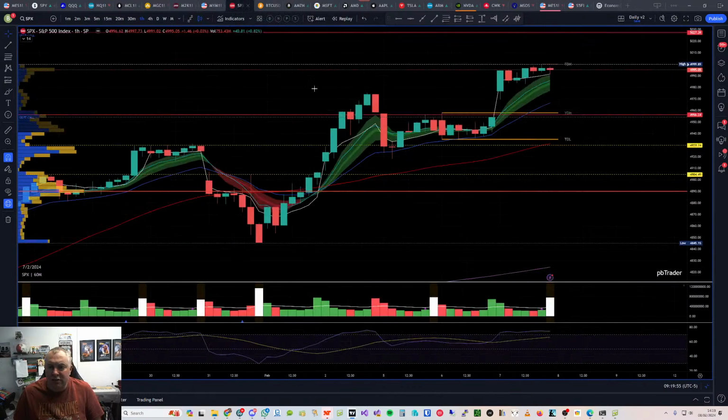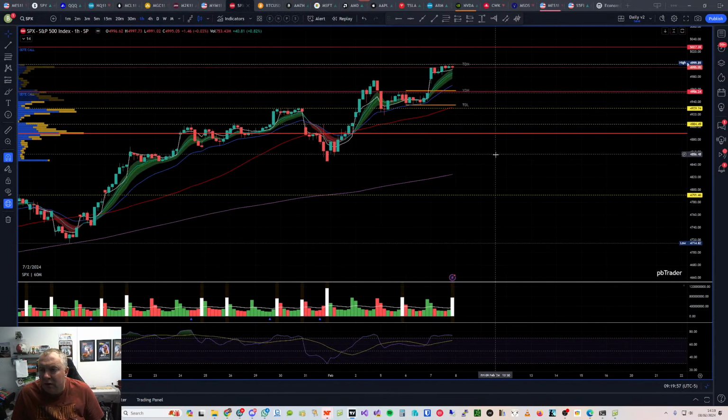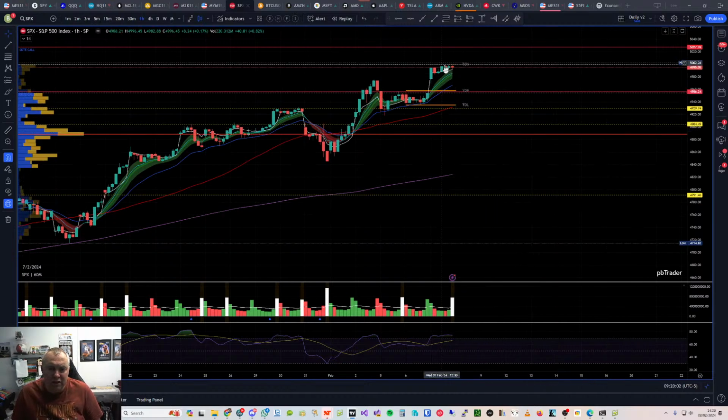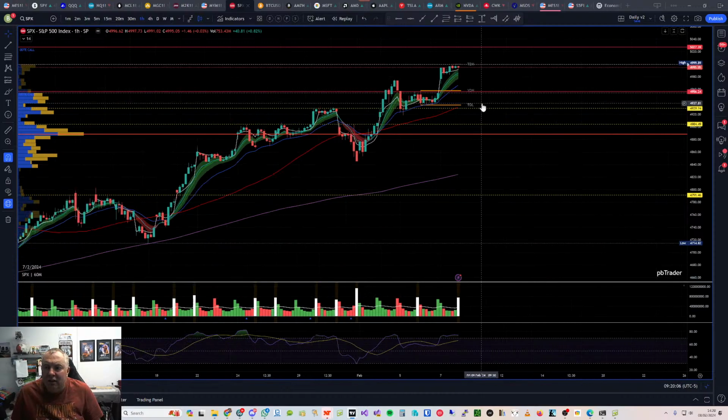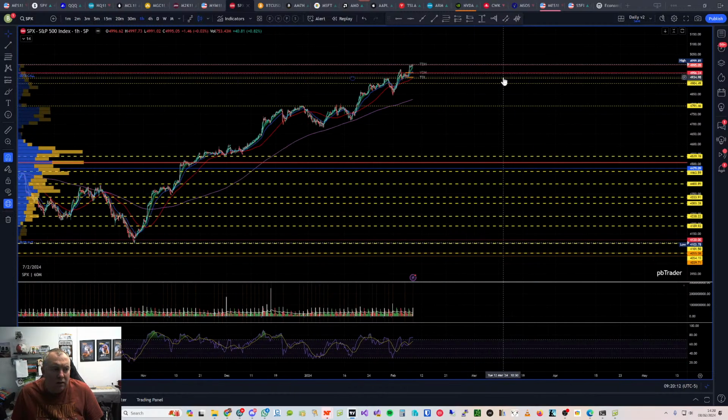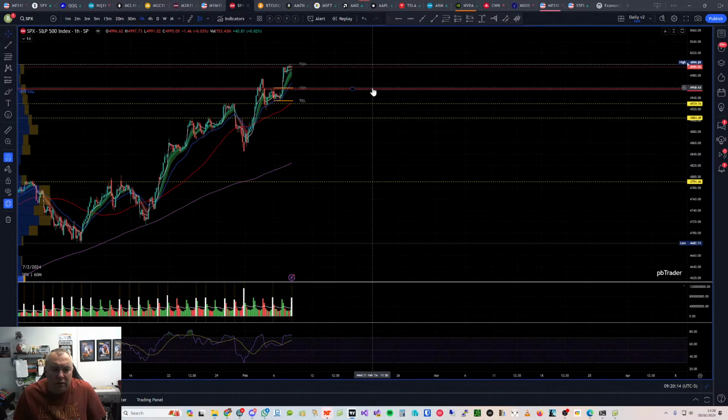And then SPX, just to keep an eye out, watching for a 5,000 reject again. We rejected it yesterday by 11 cents. Potentially, I'm not sure where this 5027 has come from. Let's get rid of those lines.